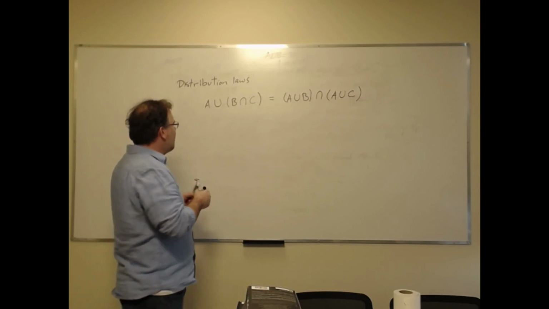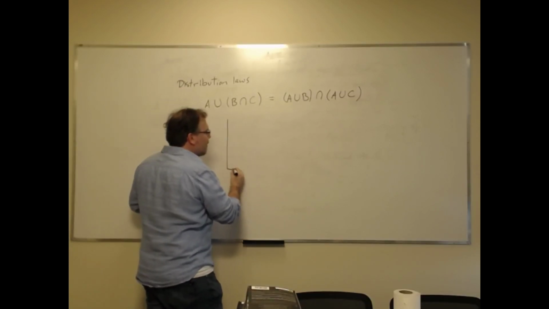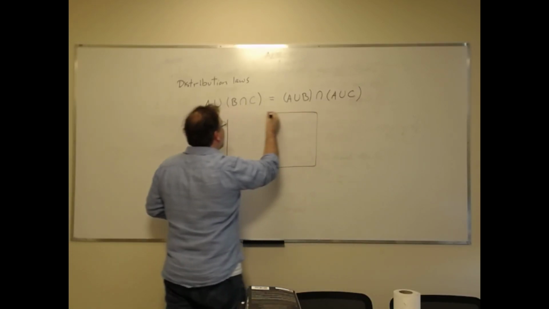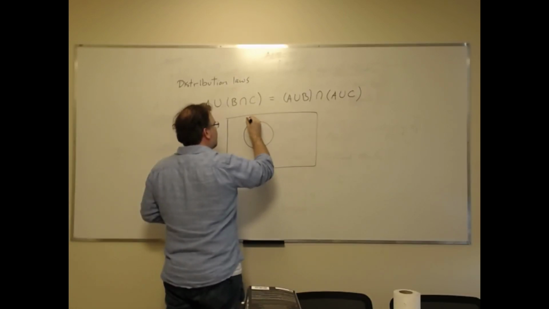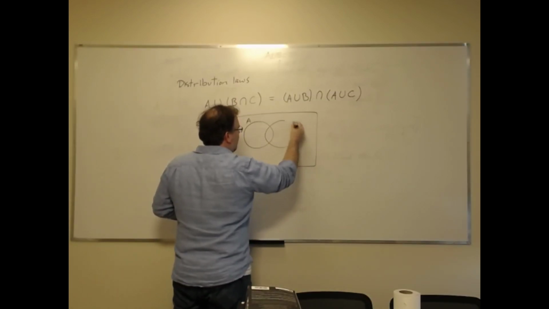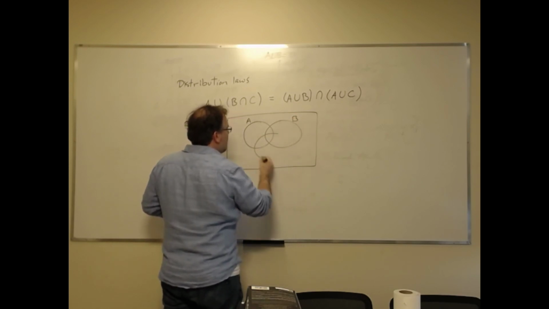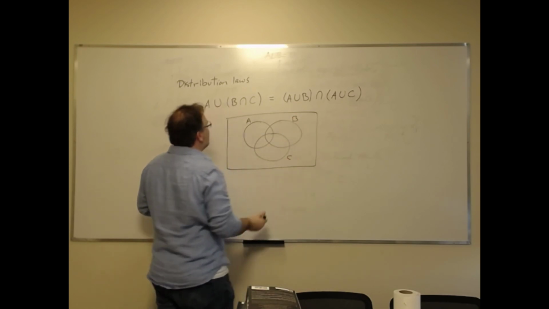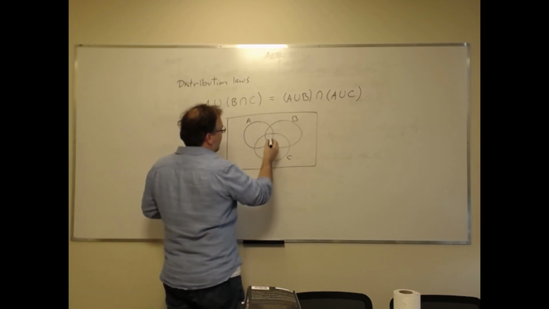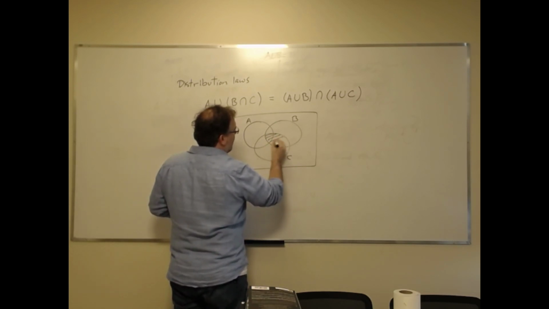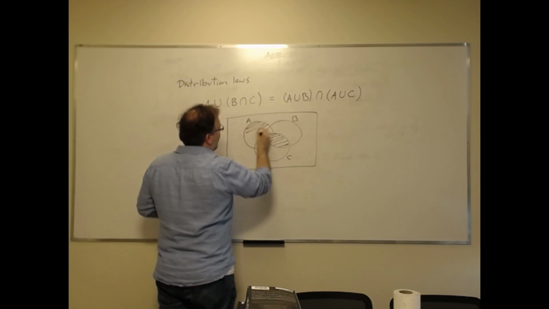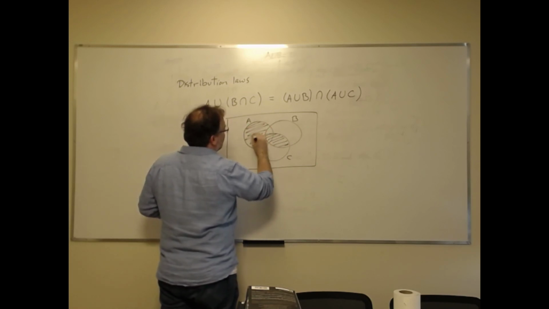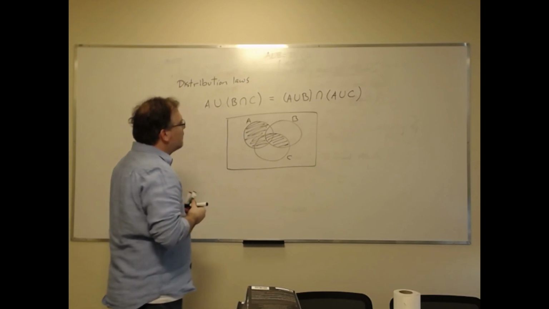Let's just check by doing a Venn diagram, right? So we have A, B, C. Right, so B intersection C is that part. And if we take that union A, then we get all of that, right?